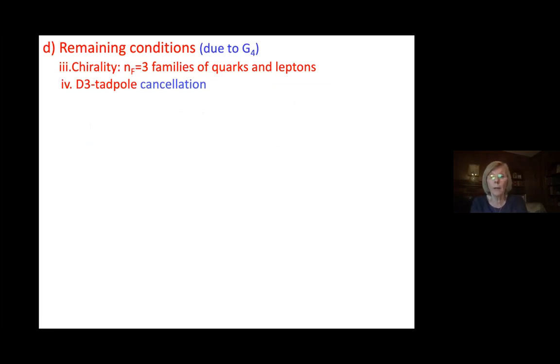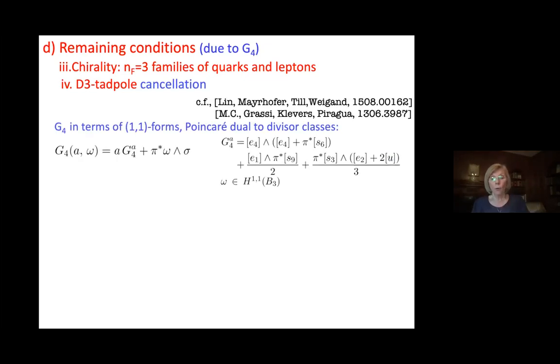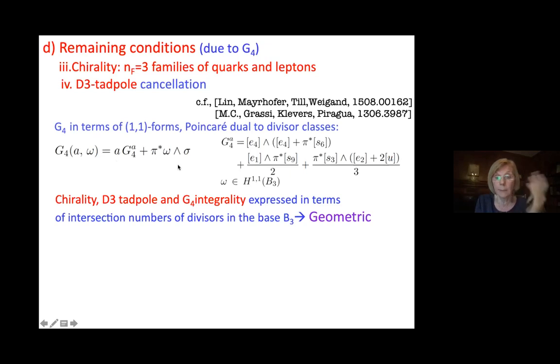So now the hard part: we want to ensure 3 families for all this construction and cancel all the D3 tadpoles. That leads us to the construction of the G4 flux, which can be expressed in terms of products of (1,1) forms that are Poincare dual to divisor classes. This is the full-fledged expression for this four-form flux.